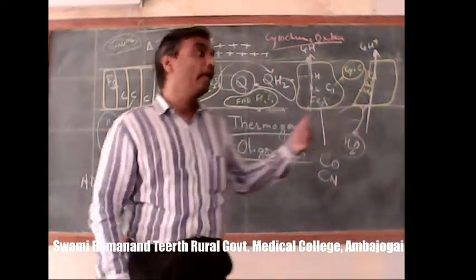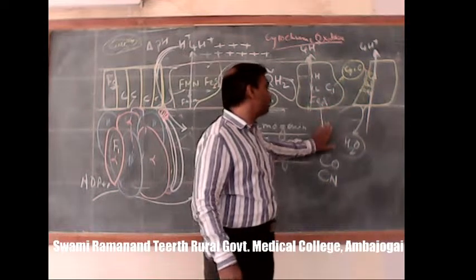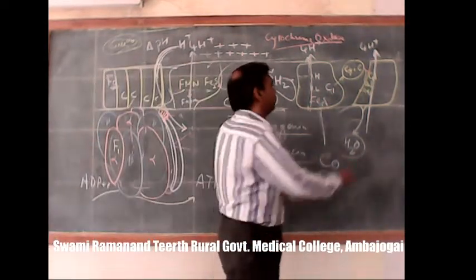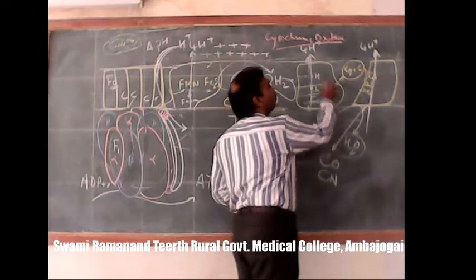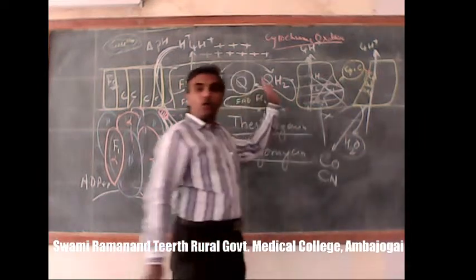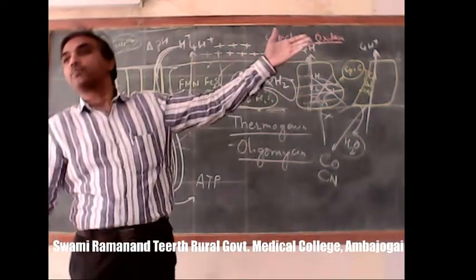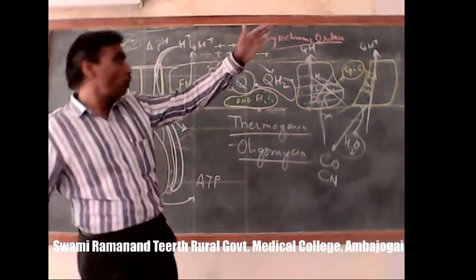Same thing occurs if cytochrome oxidase, sorry, this complex 4, is inhibited. There is no flow of electrons from complex 1 onwards, because there is no acceptor. It stops over here.